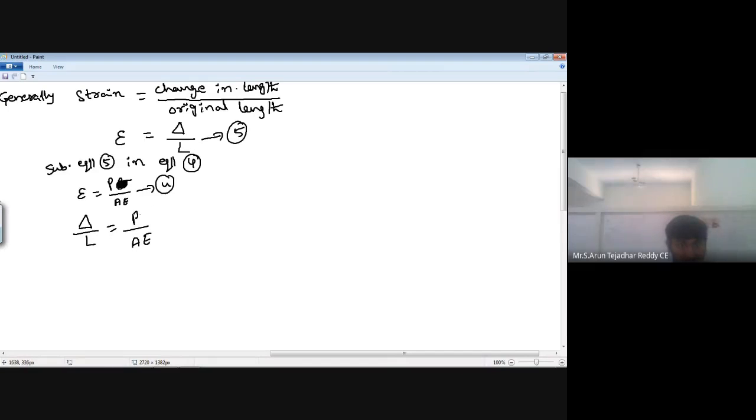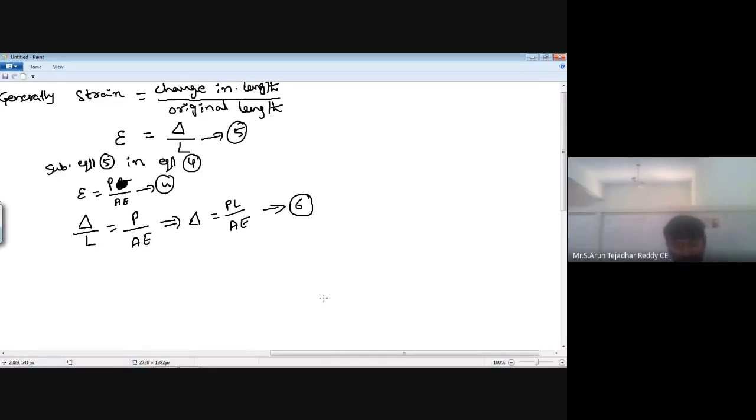Then we can write it as delta is equal to PL by AE. Then it is equation number 6.